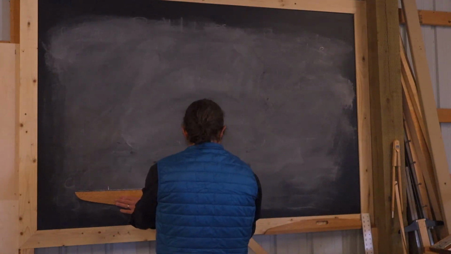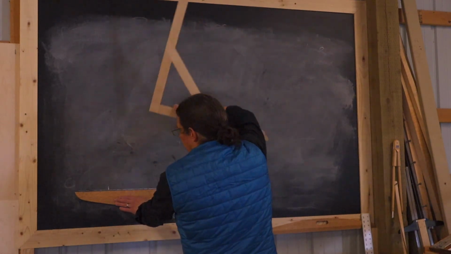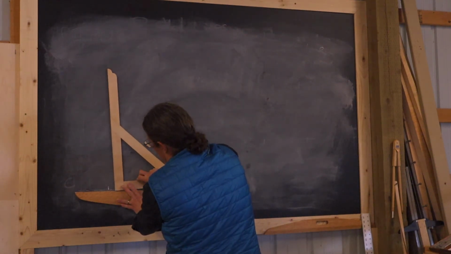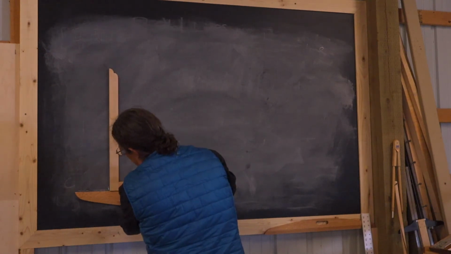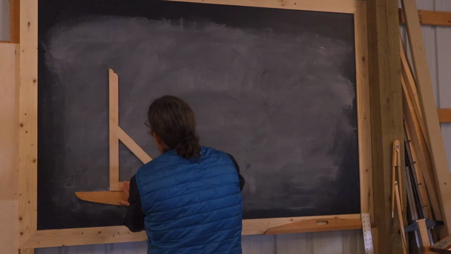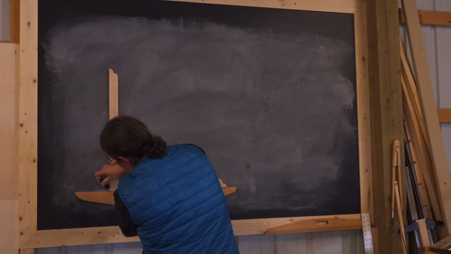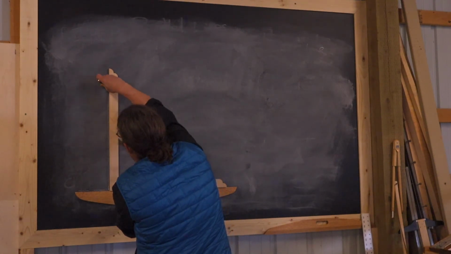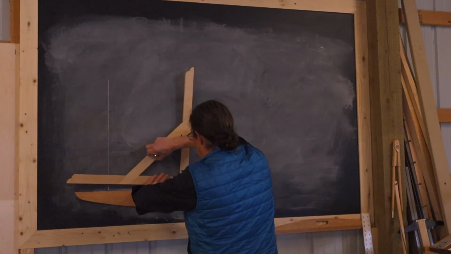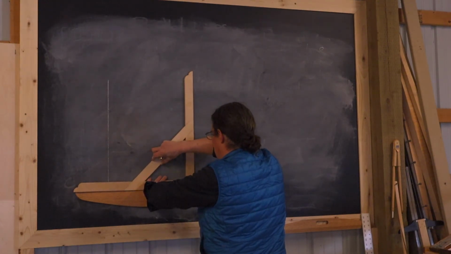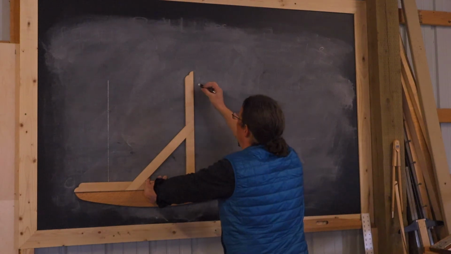My straight edge just moved. So I will take my layout square, put one limb of it on my straight edge, and align the other limb with my left endpoint of this square. And I'm just going to draw a vertical line, and then I'm going to rotate my square and do the same thing at the other endpoint.